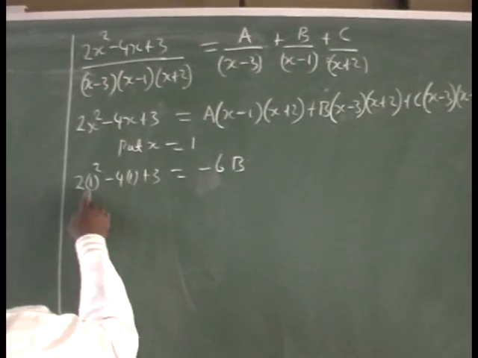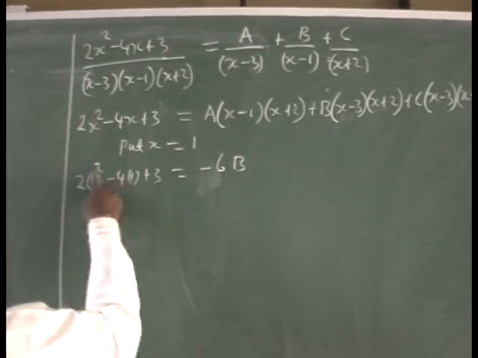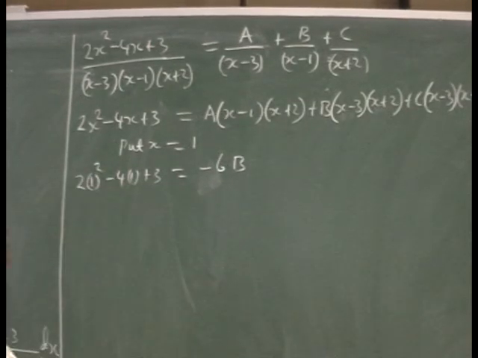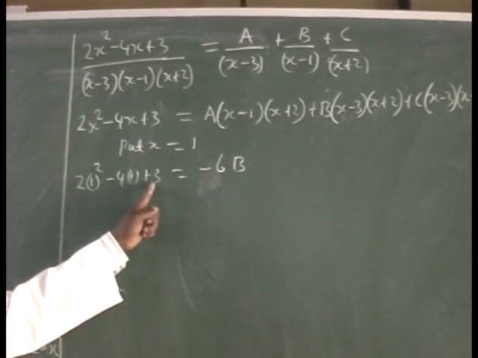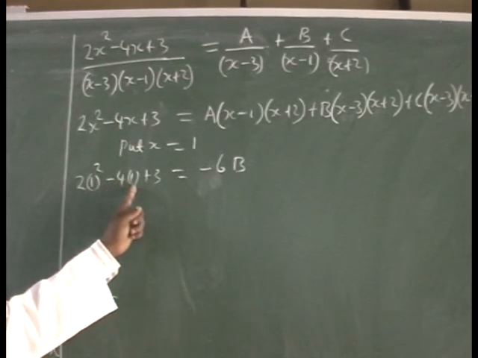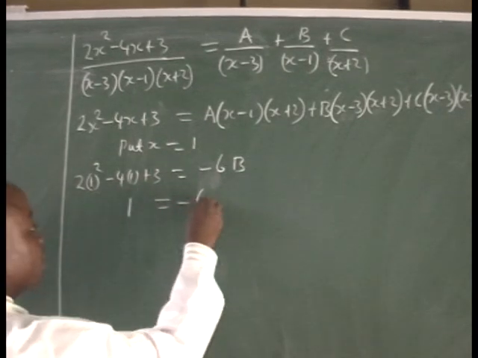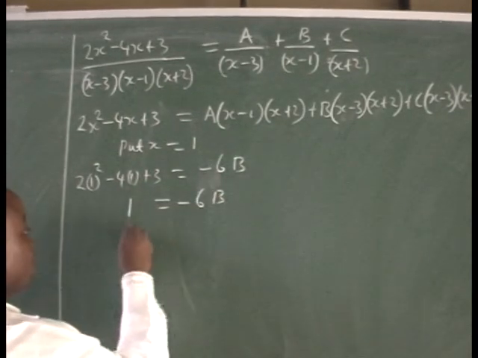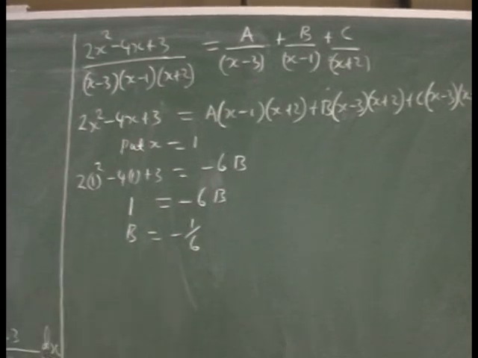Then this one is 2 minus 4 and 3. So this plus this will give me 5. 5 minus 4 will give me 1. So everything here is 1. 1 is equal to minus 6B. So that B is minus 1 over 6. That is B.